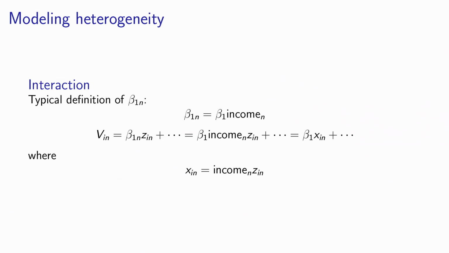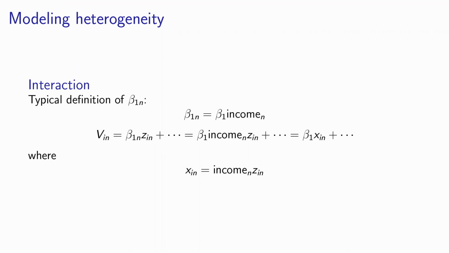This is called interaction. So we are interacting an attribute, which is a variable that describes the alternative, like cost, with a socioeconomic characteristic, like income. So for example, one possibility to relate the beta 1n and income is to say beta 1n is equal to the product of a coefficient beta 1, which is now generic for all individuals, times income.